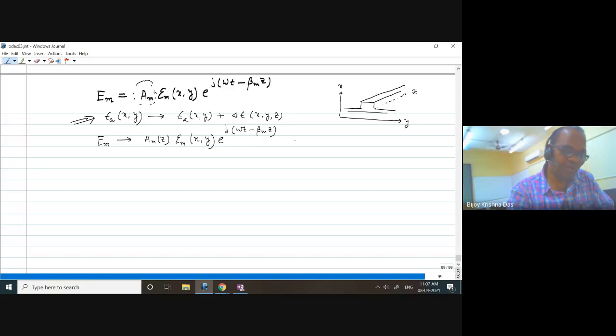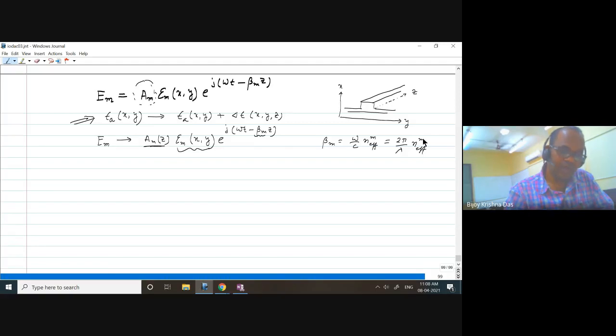Just note here that I have only introduced this additional part, but beta m is typically written as omega by c times n effective m, or equal to 2 pi by lambda times n effective m, the mth mode effective index.